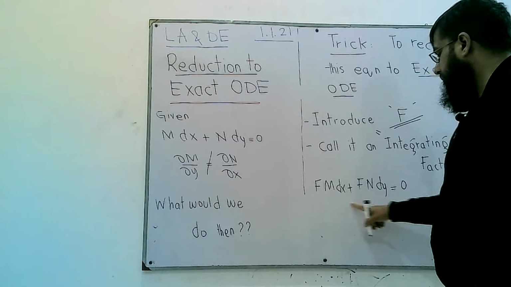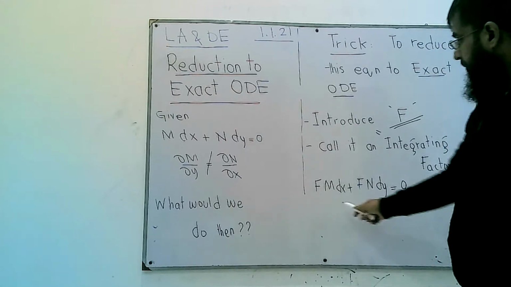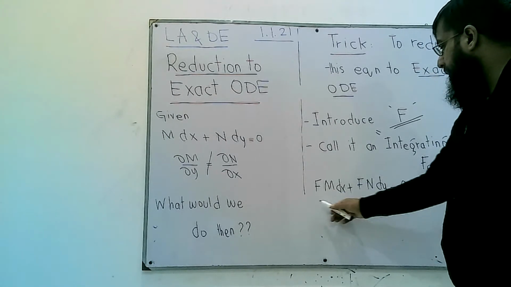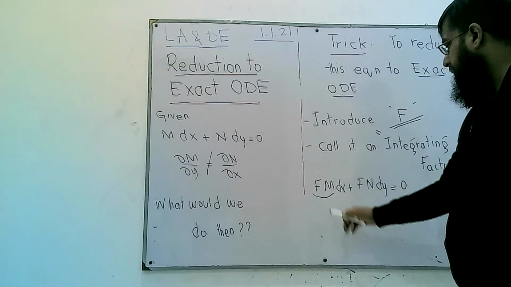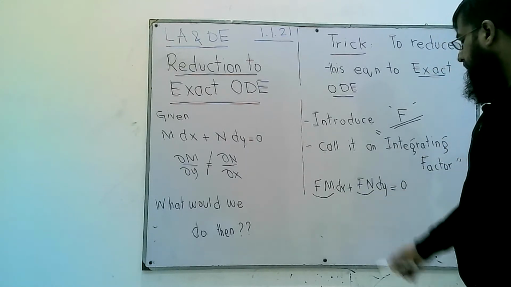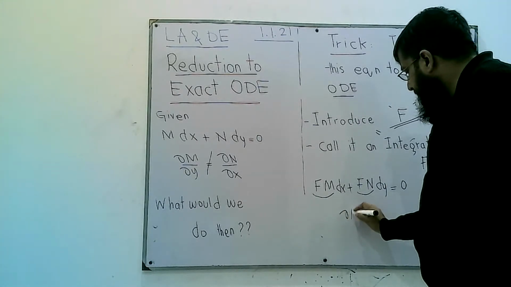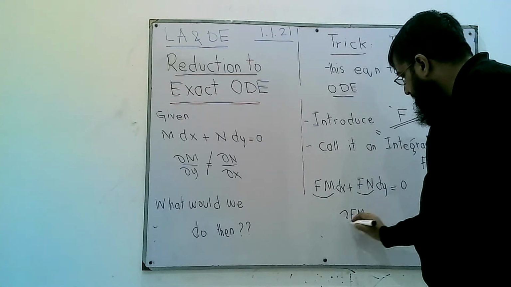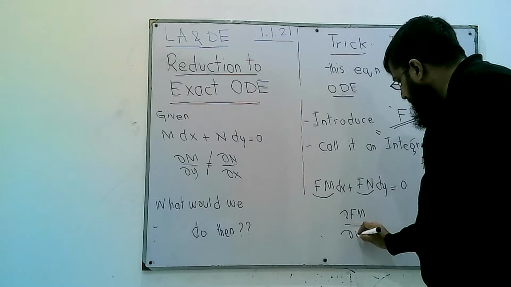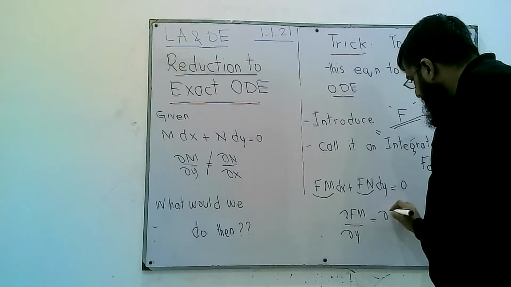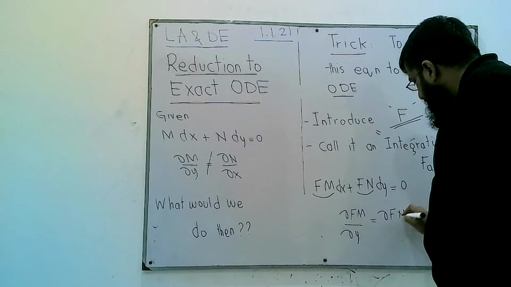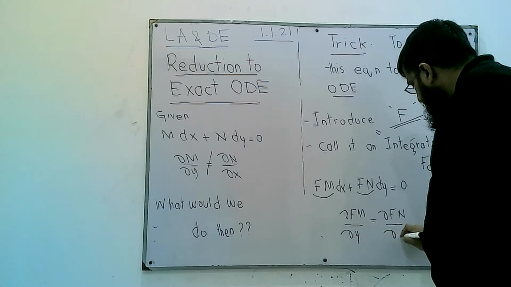So now we're going to solve this equation. And we'll choose f such that after we have multiplied, partial fM over partial y is equal to partial fN over partial x.